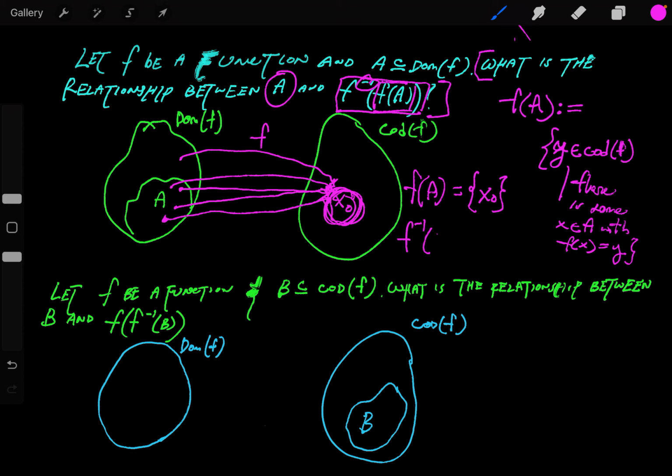This is just the definition, as general as I can make it. It's all the X in the domain of F such that F of X is contained inside B, right? So it's all the X that gets sent into B.